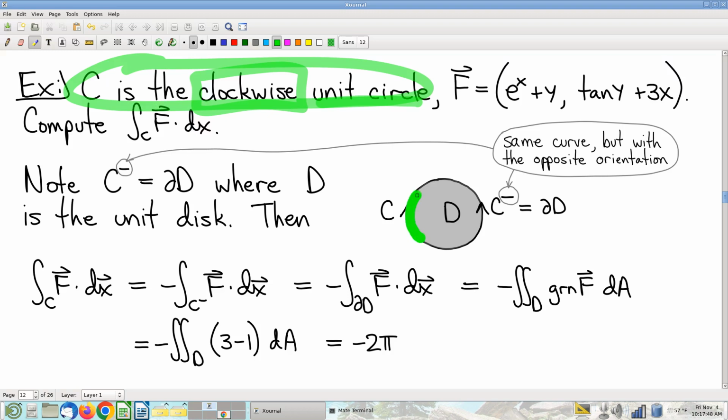Remember, if we're going to talk about circulations or line integrals in general, we now have to talk about oriented curves. It's got to be oriented. So there's my oriented curve on which I want to do this line integral. Here's my vector field of which I want to do a line integral.